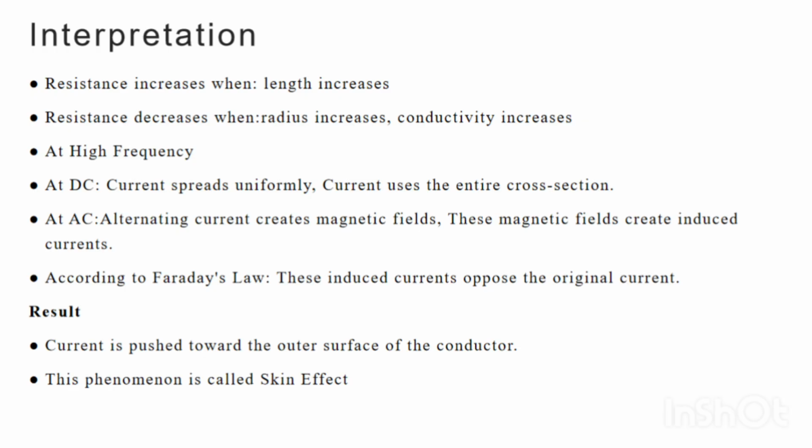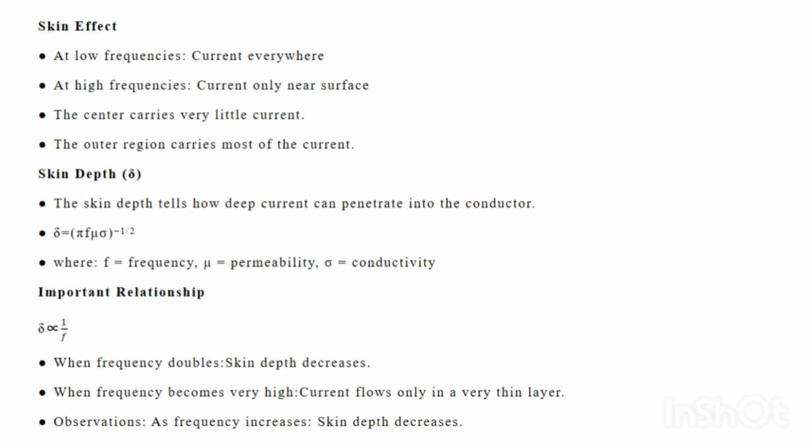So, maximum current will be pushed towards the outer surface of the conductor, which we define as the skin effect. The skin effect states that very little current will flow through the center of the conductor, and the outer region conducts more of the current.